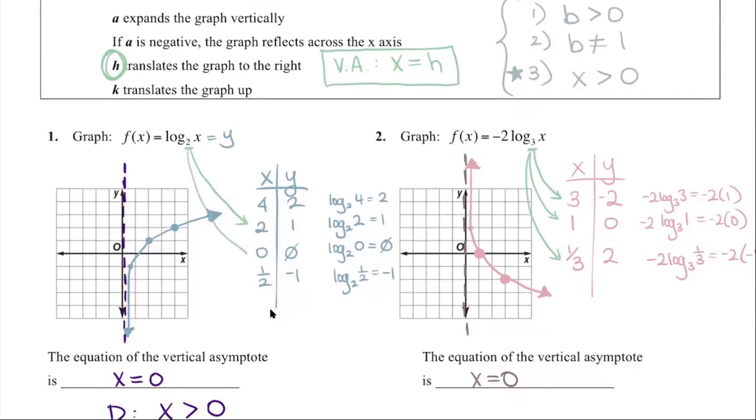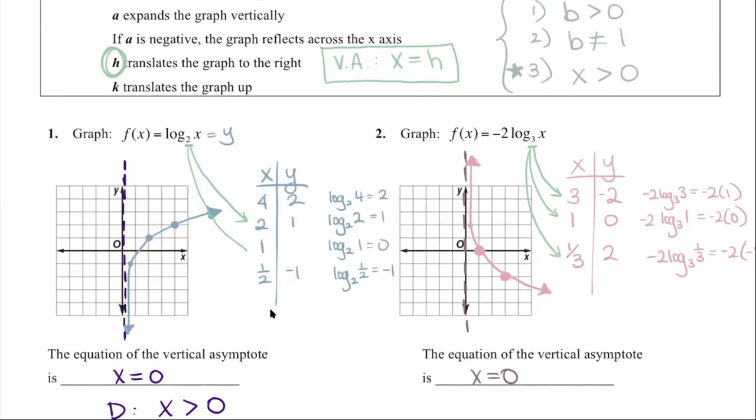You can plug in 1. You get 1, 0. All right, and then you plug in that and you would get nice numbers. So the base relates to what numbers you plug in, okay?